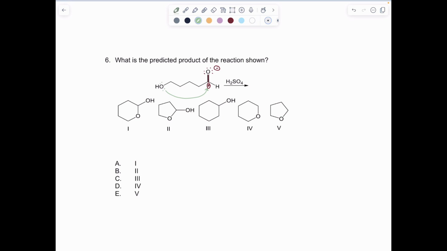So if I were to number this ring, I'm going to say that the alpha carbon is position 1. So we've got 1, 2, 3, 4, 5. And then the oxygen is position 6 of the ring. So that structure is going to look like this.